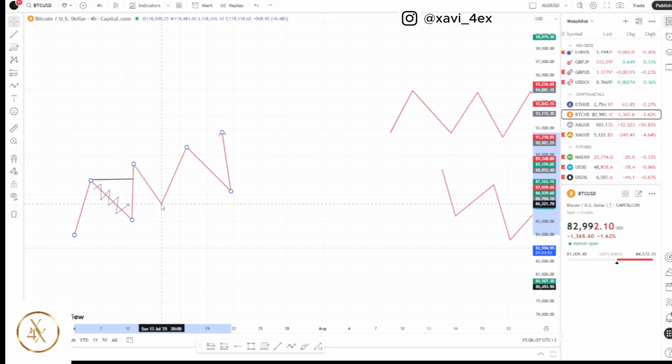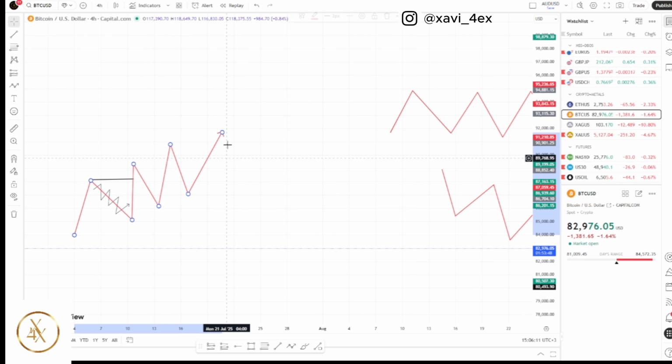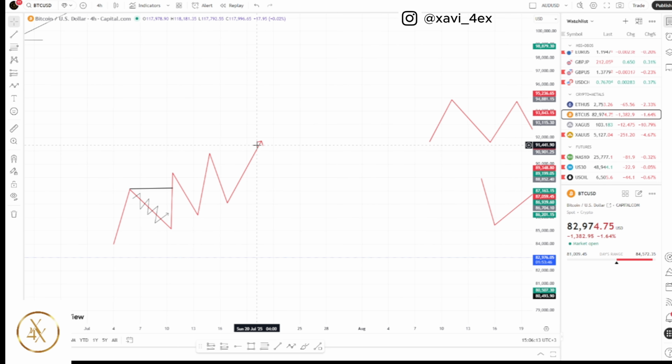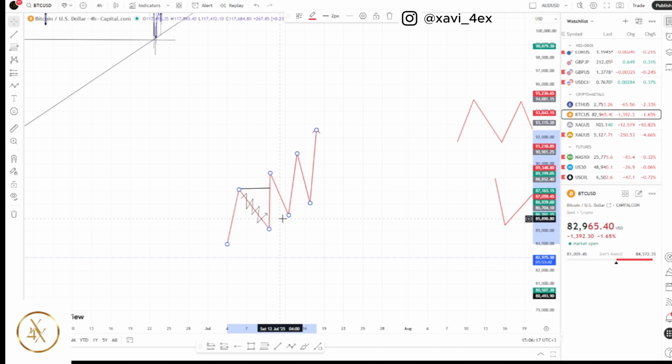And once you find another POI, remember we are in a bullish market. The directional bias is telling us that the market is going up. So we'll get our retracement here. Once we've taken out this high, we'll get our retracement here.